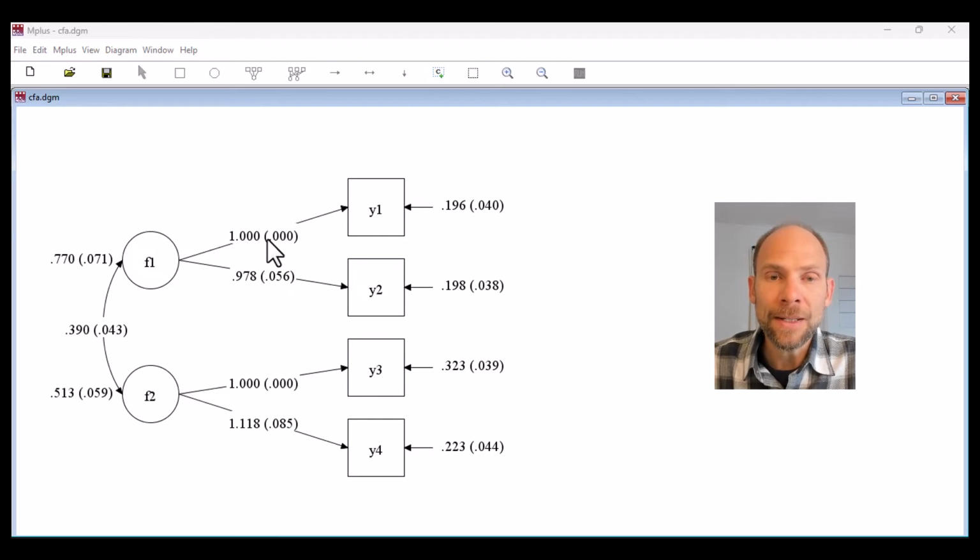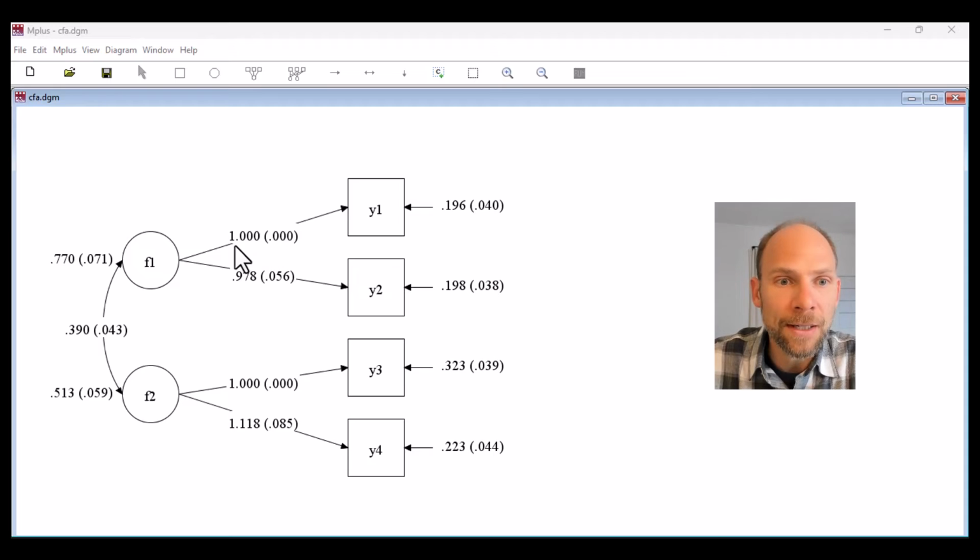And so this is one reason why the unstandardized loadings often are not of such great interest, because they are subject to these, in many cases, arbitrary constraints to set the factor metric and to identify the model, but nonetheless they have an interpretation.